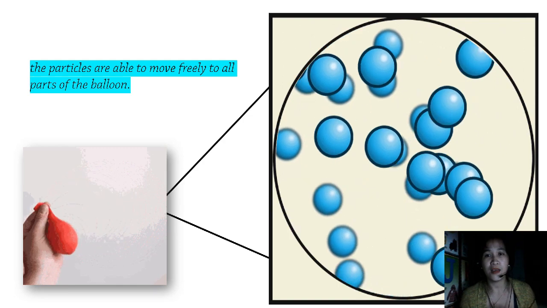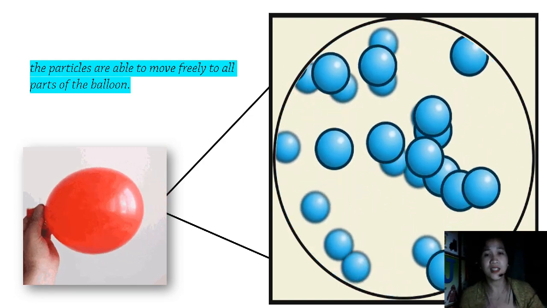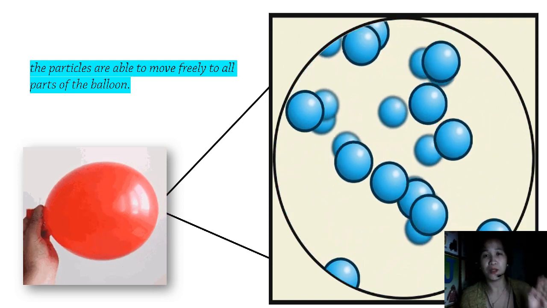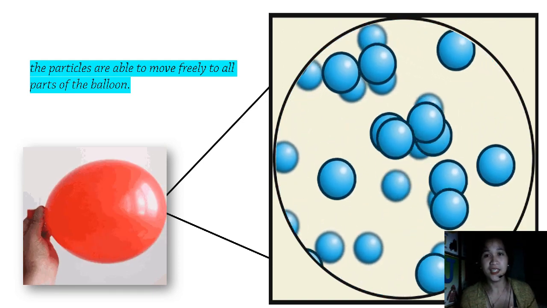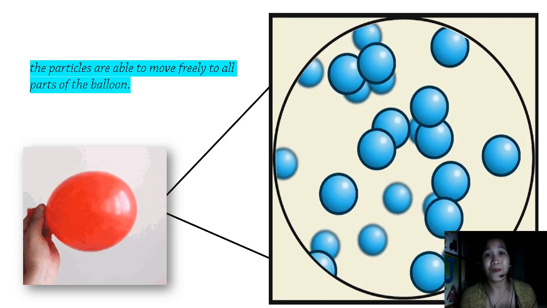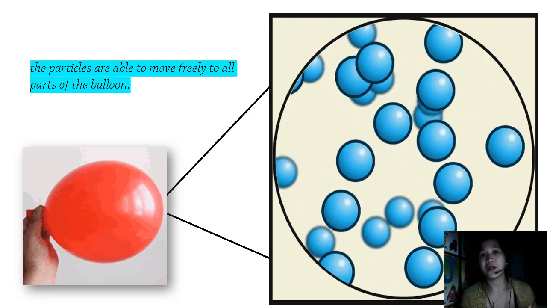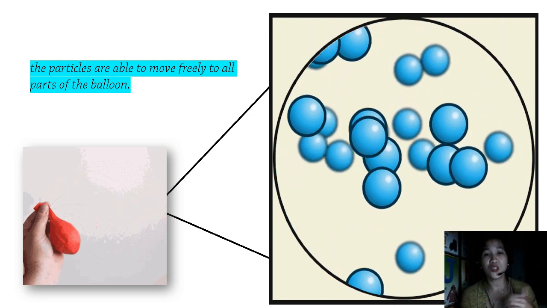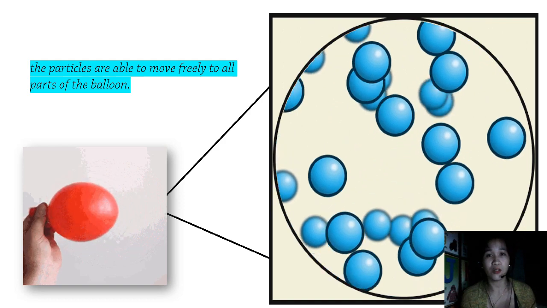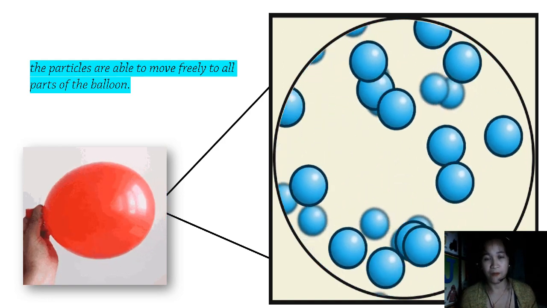They move freely because they are far apart and there is negligible attraction between them. This model also explains the compressibility of gases. The distances between particles are large, and so there is room for the particles to move closer to each other.